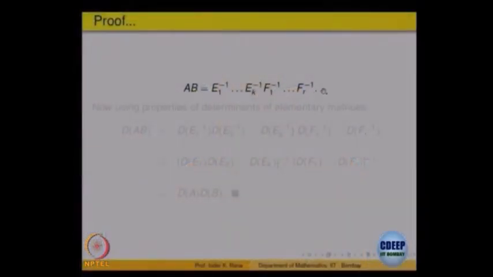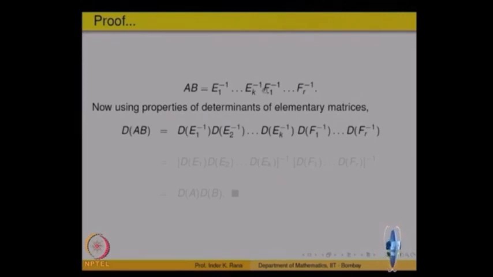So, these are all elementary. Here the product property is known for elementary matrices. So, the determinant of the right hand side is a product of the determinant of E1 inverse, the determinant of E2 inverse, and so on. Is that clear to everybody?